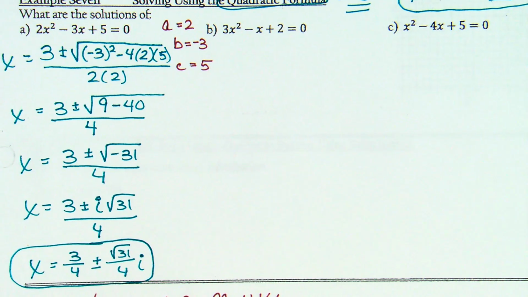Okay. Example C, what's your question? Does it equal 0? Yes. So what do I need to think? Quadratic formula. So I'm going to write down my ABCs. A is 1, B is -4, C is 5. Okay.